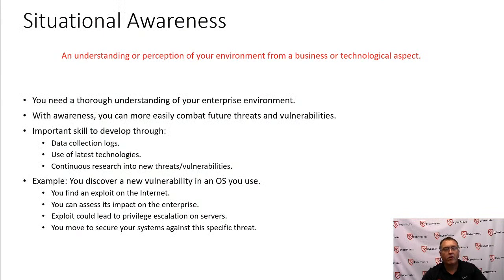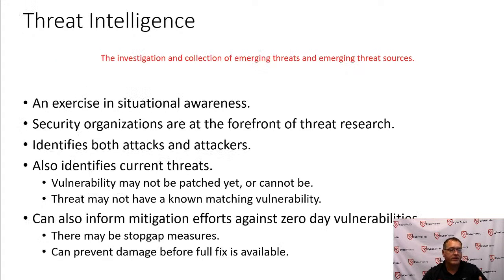Speaking of security and situational awareness, being able to know what our environment is and everything that is on it can allow us to figure out what are the latest technologies that we have to add to our arsenal of tools that we use to protect our network, but also can we go out and perform our own research and gather intelligence and be able to have what we call threat intelligence in the business.